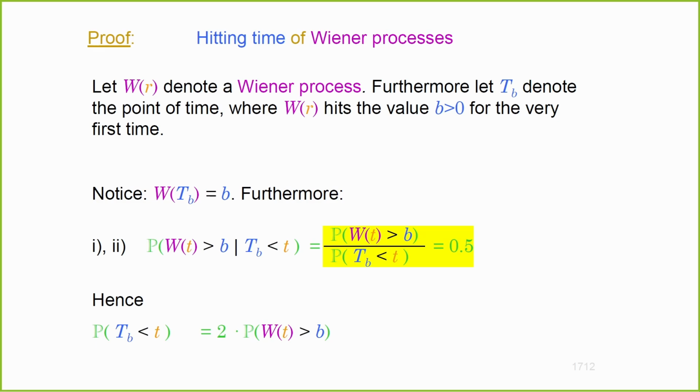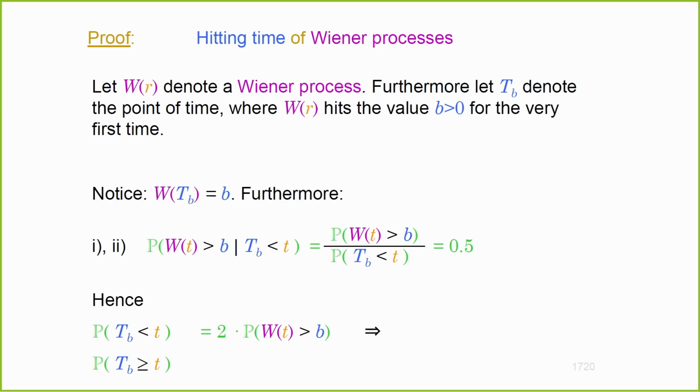This is one prior result we just showed. Now, this is not what I wanted to show, because I wanted to calculate the probability of its complement, whereas the hitting time would not be less than t, which means that you need to wait at least up to time point t or longer until the process hits a certain value.